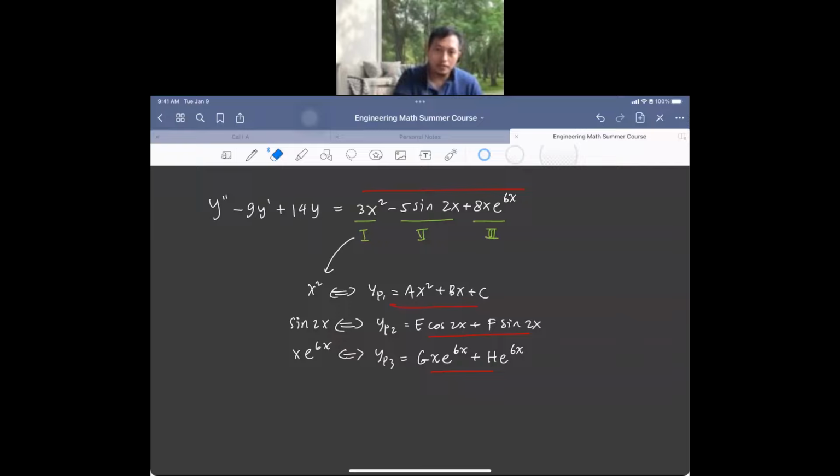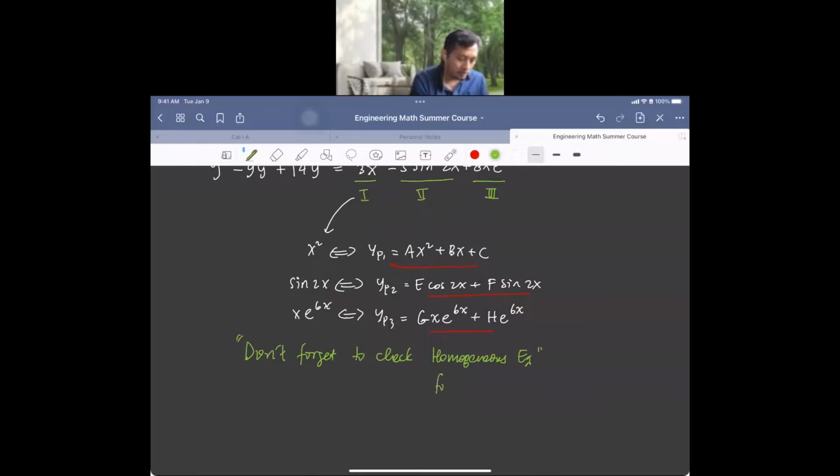And of course, remember that you need to check duplicity. Okay. So check. Don't forget. Let me write. Don't forget to check homogeneous equations. Okay.